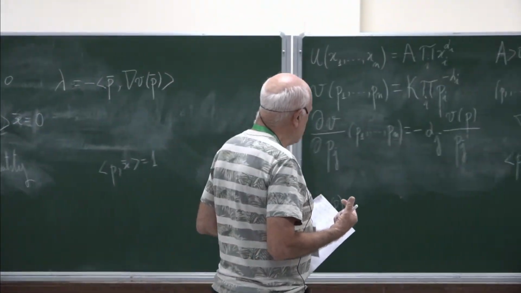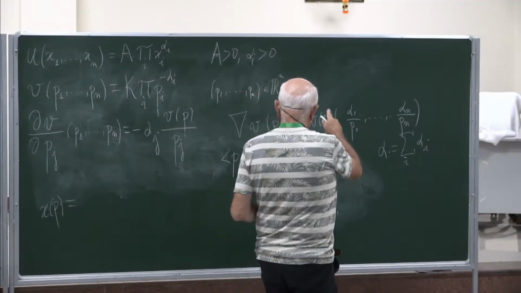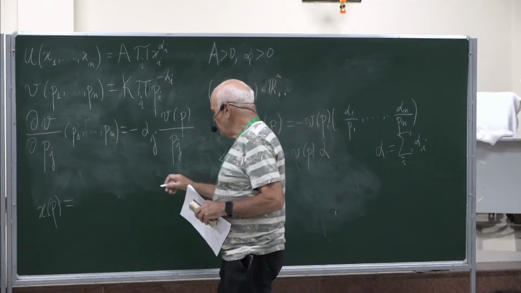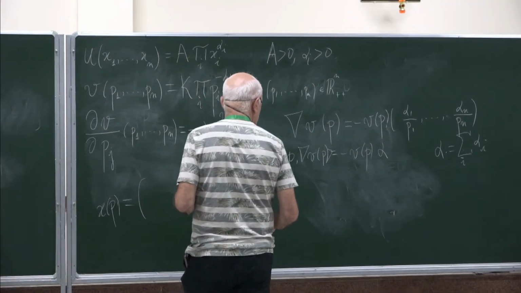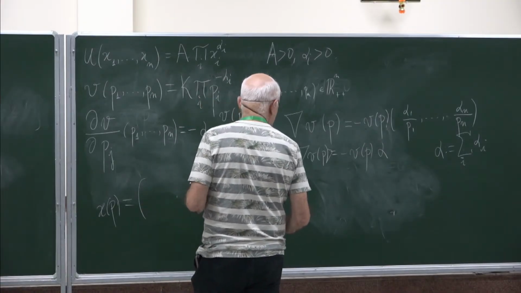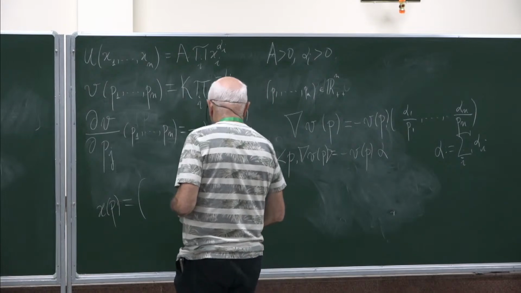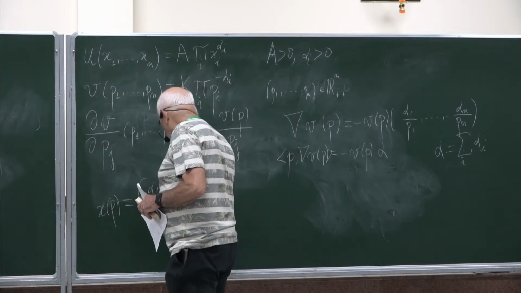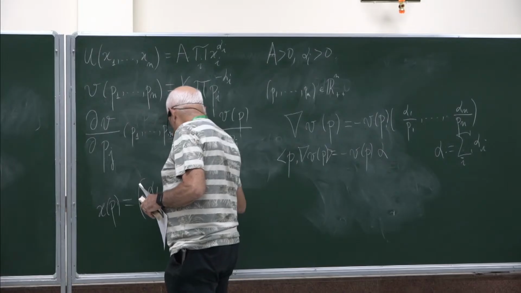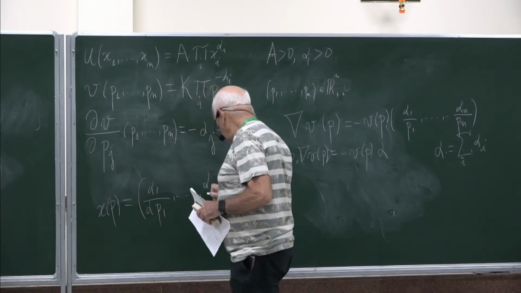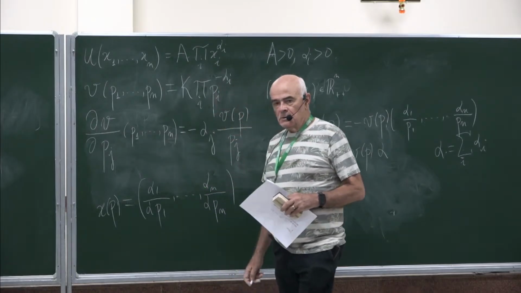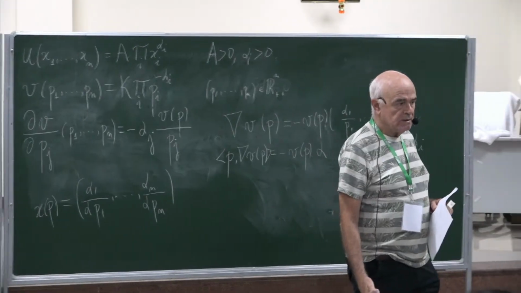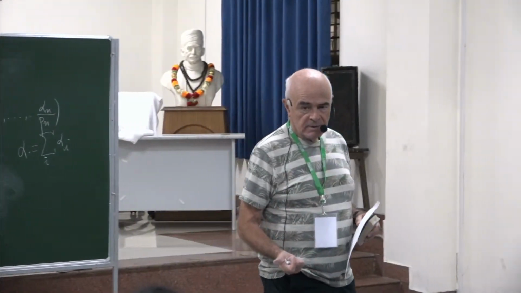Then x of p, minus v of p disappears, so it is equal to (alpha_1 over alpha p_1, ..., alpha_n over alpha p_n), which is exactly what we obtained directly by solving the maximization problem.